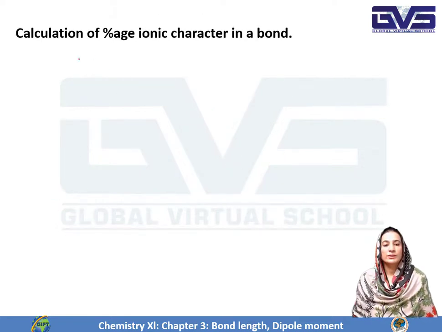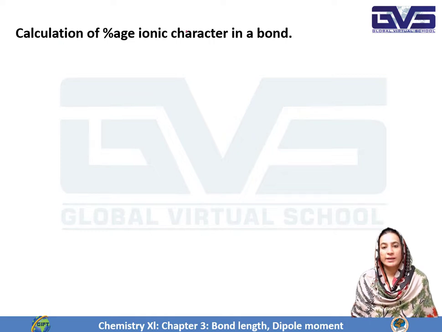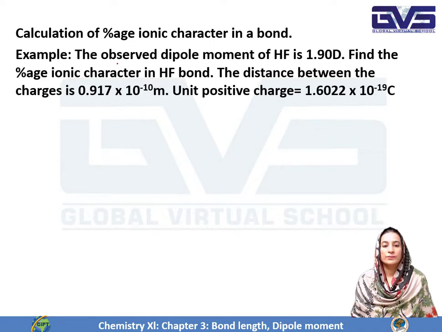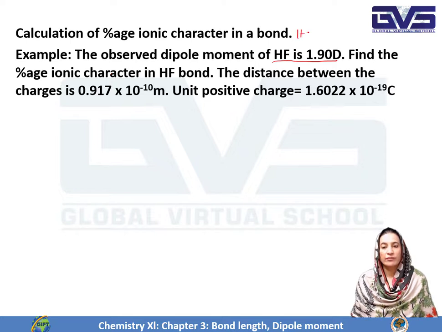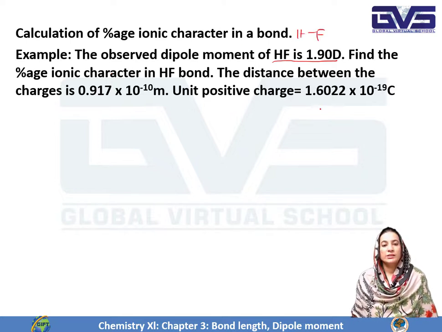This will be explained with the help of an example. Let's focus on this example: calculate the percentage ionic character in a bond. The observed dipole moment of HF is 1.90 Debye. Find the percentage ionic character in HF. Distance is given and charge is also given.